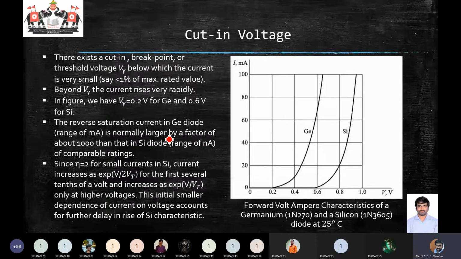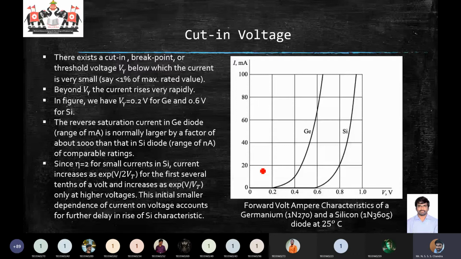I'm now considering the volt-ampere characteristics of both germanium and silicon diodes at 25 degrees centigrade. Here you can see the two names, 1N270 and 1N3605. These are the diode numbers, and depending upon the number, they may behave differently.